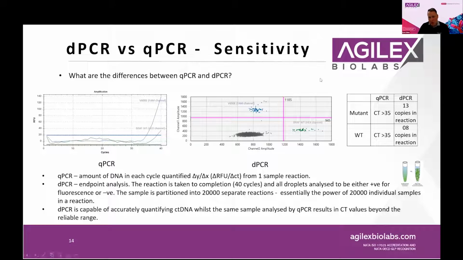Using the digital setup here, we were able to determine that there were 13 copies in a reaction for the mutant and 8 copies in a reaction for the wild type. So it's very powerful in being able to accurately quantify ctDNA in the digital setup, whereas the qPCR really resulted in CT values well beyond the reliable range of 35 cycles and above.